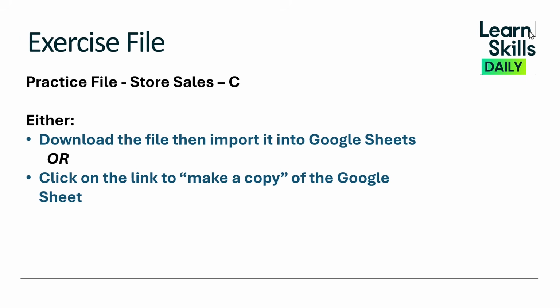The exercise file is called Practice File Store Sales C. You could download the file, then import it into Google Sheets, or you could click on the link to make a copy, and then you will have your own copy of this sheet on your Google Drive.